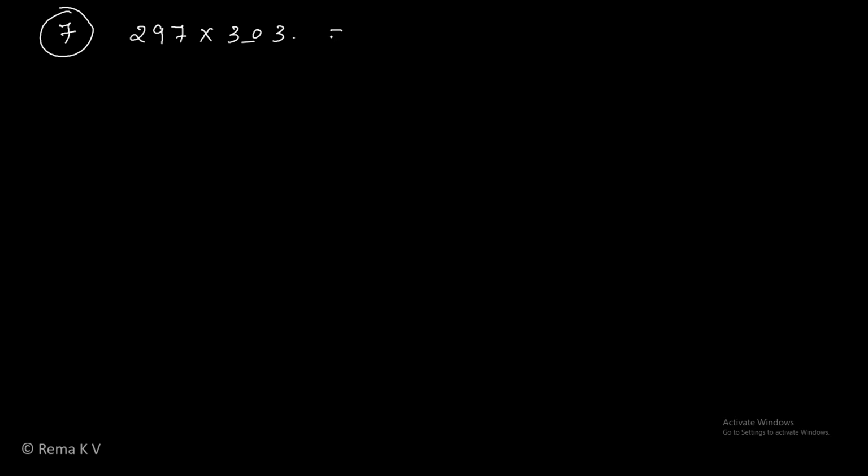This can be written as, see, in between this 297 and 303, we can find a multiple of 100, that is 300. In terms of 300, we can write these two numbers, that is 300 minus 3 into 300 plus 3.